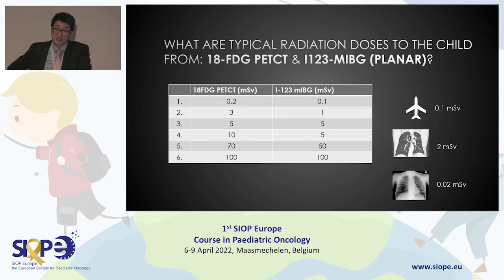A chest CT is said to be around 2 millisieverts, and a chest X-ray about 0.02 millisieverts. Does anyone think it's going to be hundreds? Does anyone think it's going to be 0.2 and 0.1? Okay, so it is going to be somewhere in between.